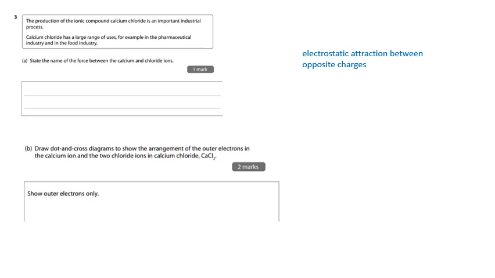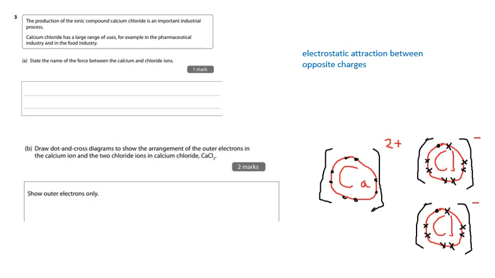Draw dot and cross diagrams to show the arrangement of the outer electrons in the calcium ion and the two chloride ions in calcium chloride. Okay, and I've already done this, and it's like that. Yeah, so Ca2+, because it's in group 2, so 2+. The Cl's are just Cl- because they're in group 7.